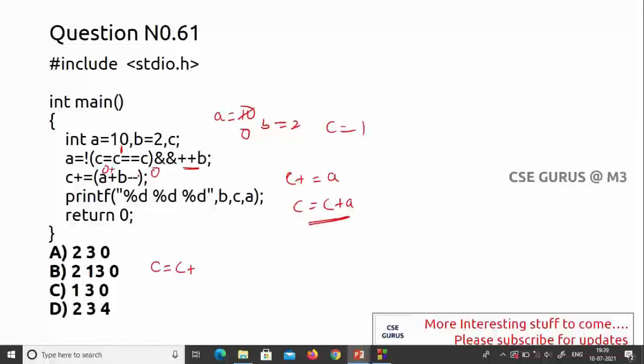Now b minus minus, anyway it's a post decrement, right? So first what is b value? 2 will be taken, then afterwards b value will become 1. So first it has to be taken as 2, right? Post decrement. So what is 0 plus 2? 2. See, what is c value? 1. 1 plus 2, now c value will become 3.